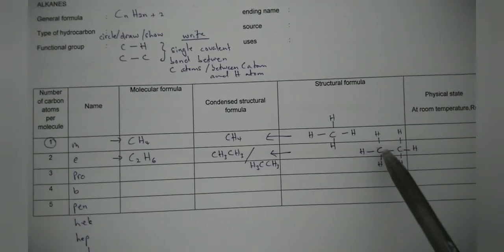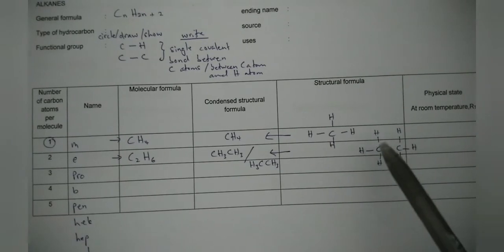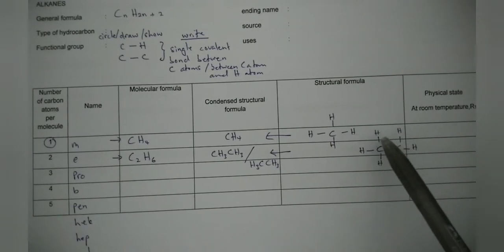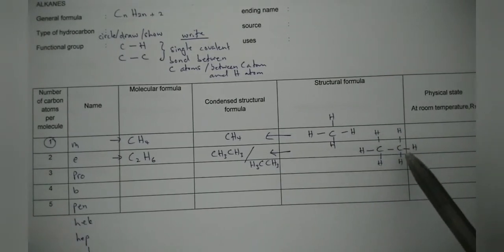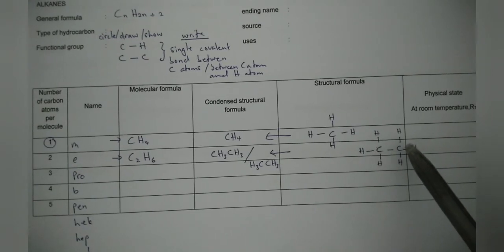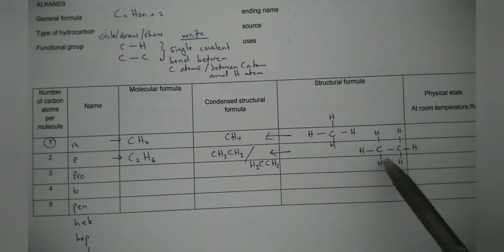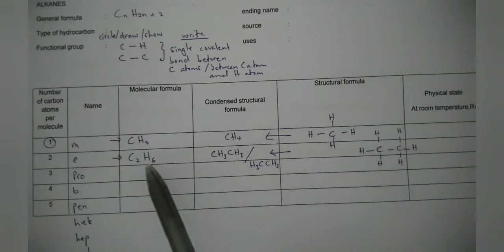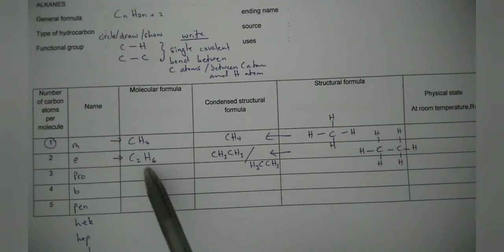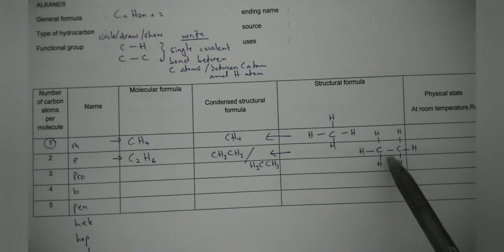So you can see around each carbon atom 4 pairs of electrons are shared, or 4 single covalent bonds. So we can get C2H6. We can refer to the molecular formula to get the structural formula.